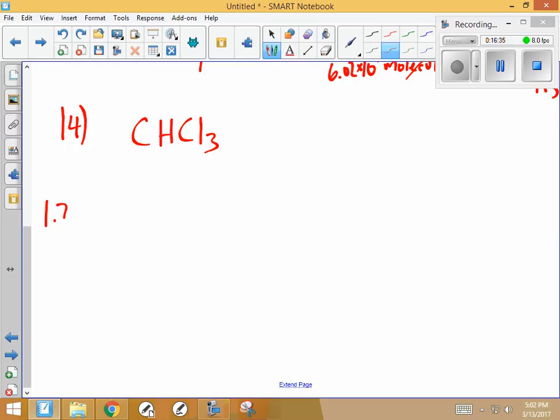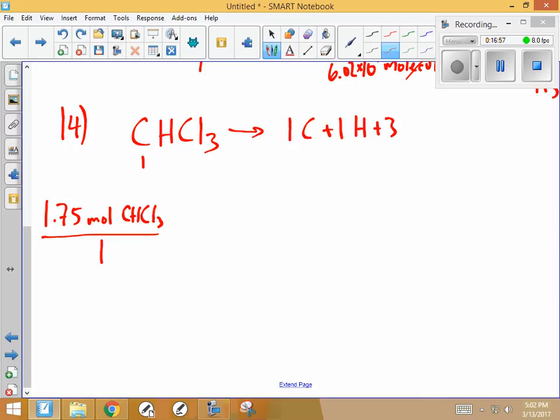We have 1.75 moles of CHCl3. Now, looking at the formula, we know that CHCl3 has one carbon, 1 hydrogen, and 3 chlorines for a total of 5 atoms.